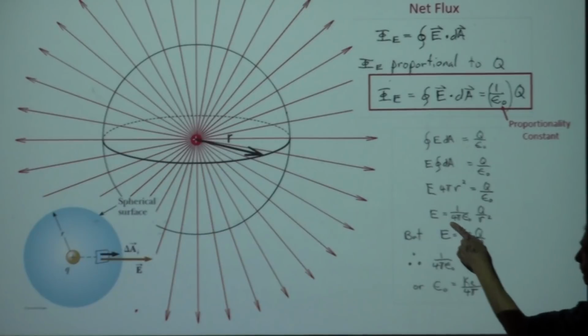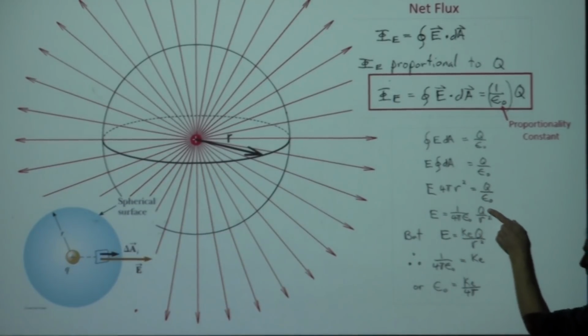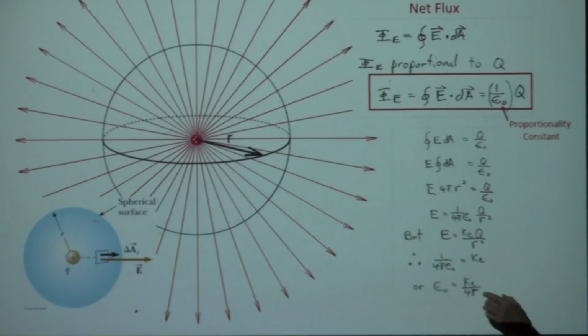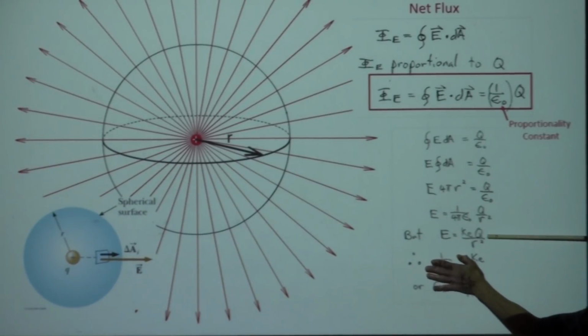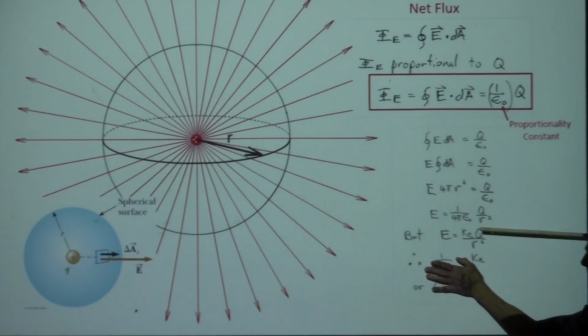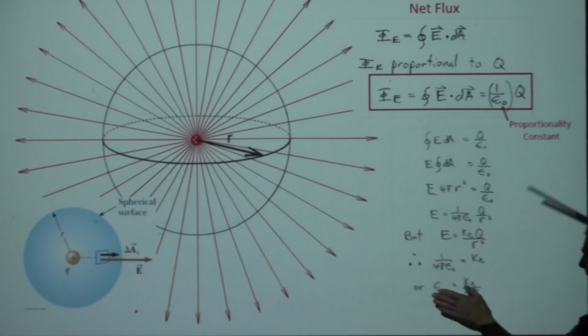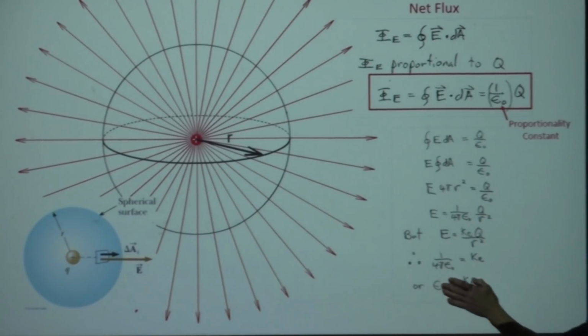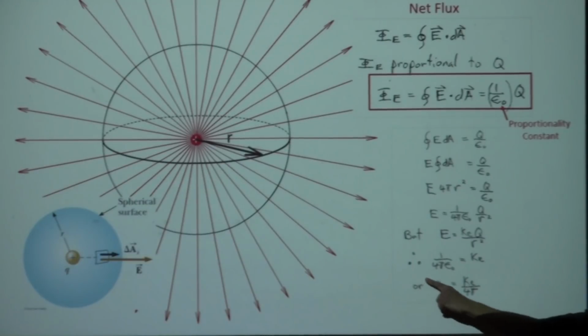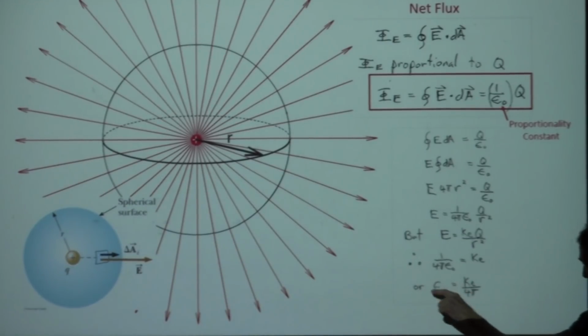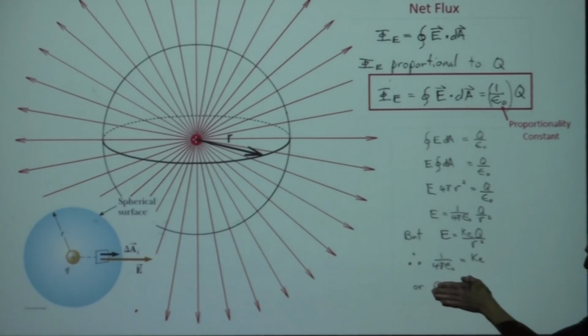I've got 1 over 4 pi epsilon naught r squared times q here. But just reminding you that what we had been doing in chapter 23, we'd say, oh, point charge, we know that that's k_e q over r squared. So we have the two of them, and they should be expressing the same thing. So I can set the two things equal and put a big mental red X through this, because I did one of my usual moves here. I got to screw up something.